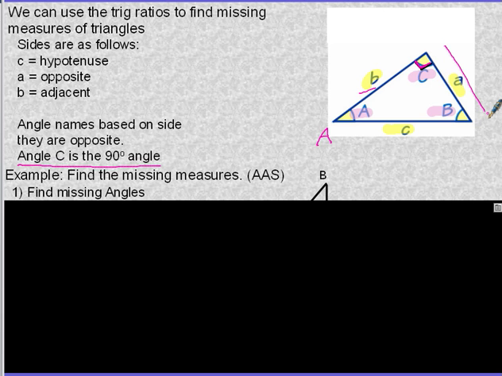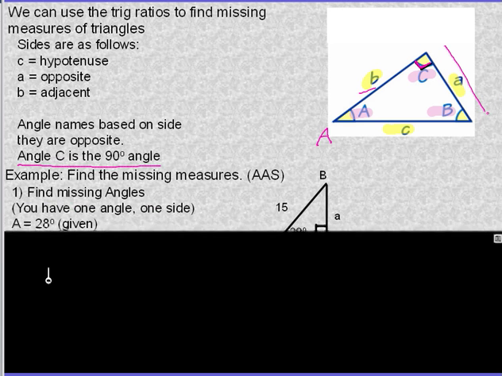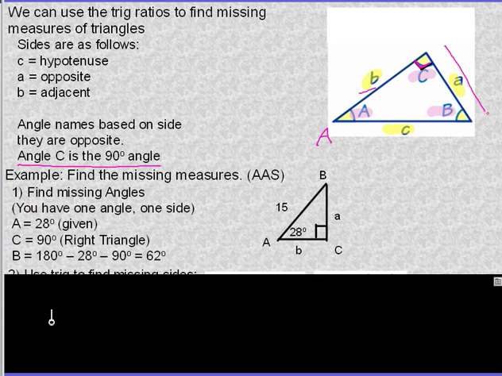So let's look at some examples of problems. We did some of these last year in geometry. This is kind of more of the same. It says find the missing measures, angle, angle, side. And what does this mean? This means the information you're given is an angle, angle, side. You always know that even if it's not marked, C is 90 degrees. So I have it marked here so you remember that at first.